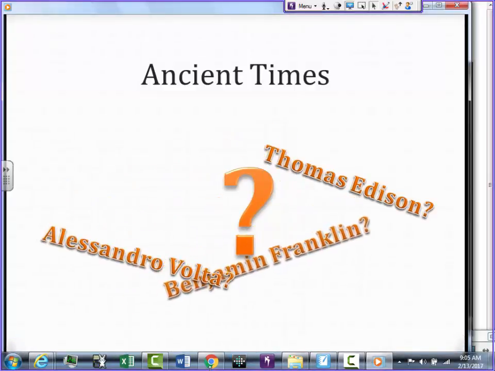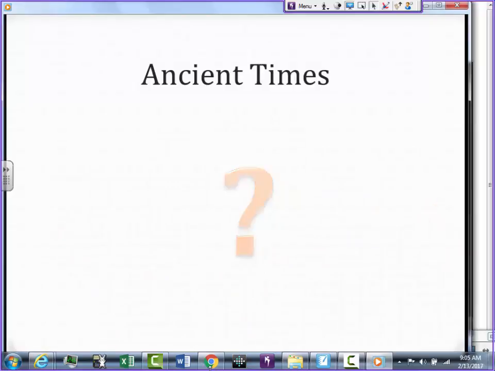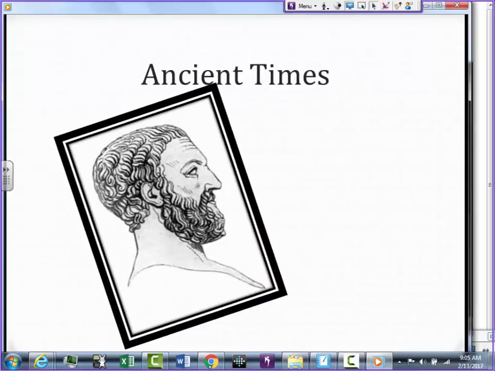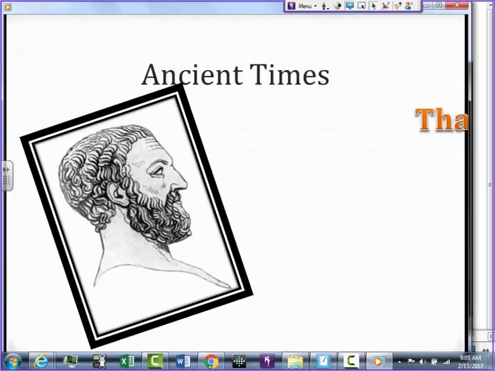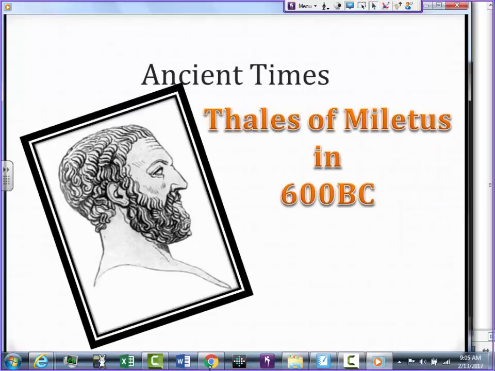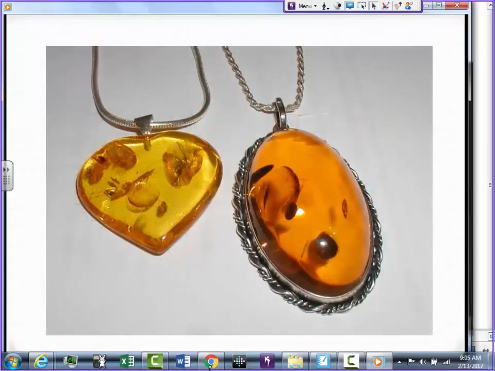But these people had nothing to do with the discovery of electricity. Electricity was first mentioned in the works of a Greek scientist named Thales of Miletus in about 600 BC. Thales noticed that if amber, which is just hardened tree sap, was rubbed, it had the ability to pick up dust and leaves. What he was seeing is what we now call static electricity.